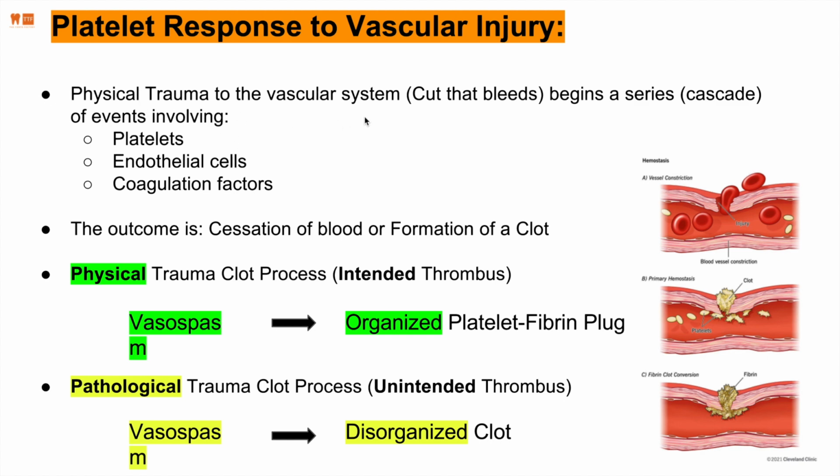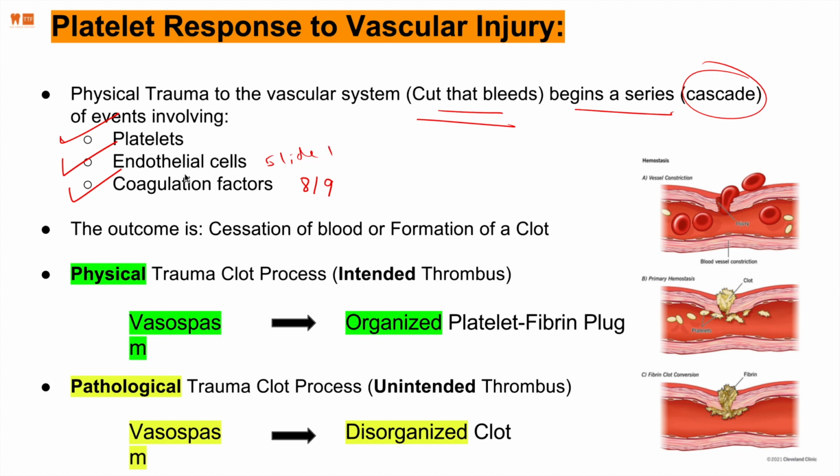Physical trauma to the vascular system, basically a cut that bleeds, begins a series, hence a cascade, of events. They involve platelets, endothelial cells, and coagulation factors. We already talked about factor 8 and 9, remember? Endothelial cells we talked about in slide 1 with the pluripotent cells moving into erythrocytes and so on.